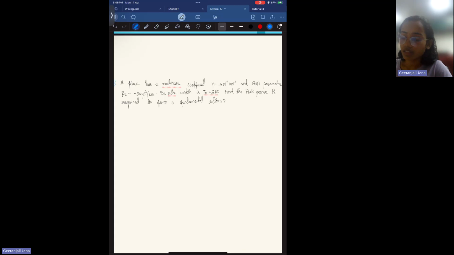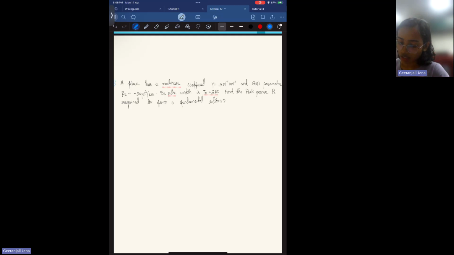The pulse width T0 is 2 picosecond. The question asks us to find the peak power P0 required to form a fundamental soliton in the system. There are lower order solitons as well as higher order solitons.